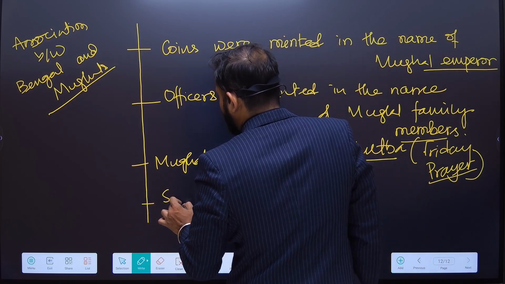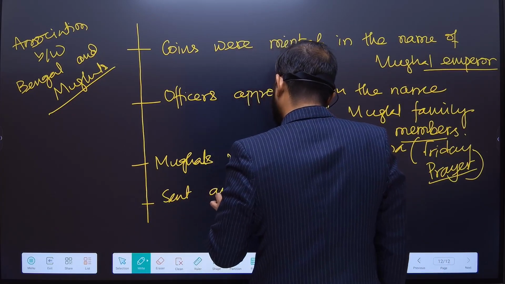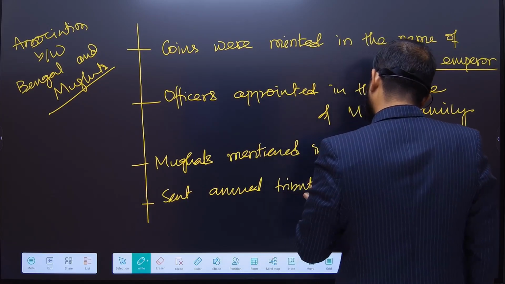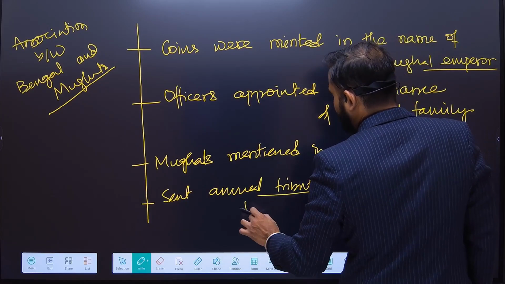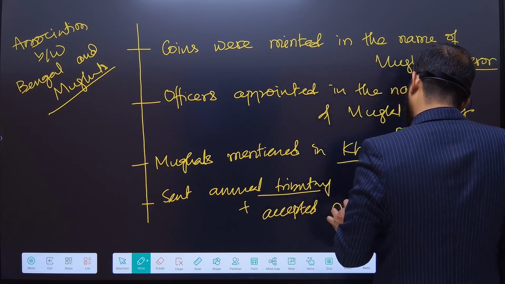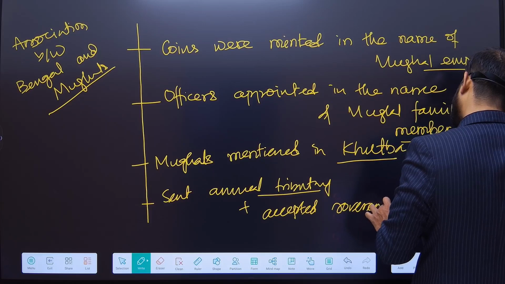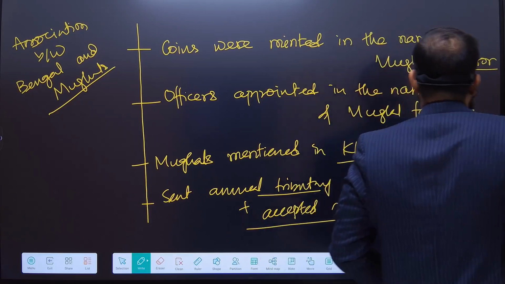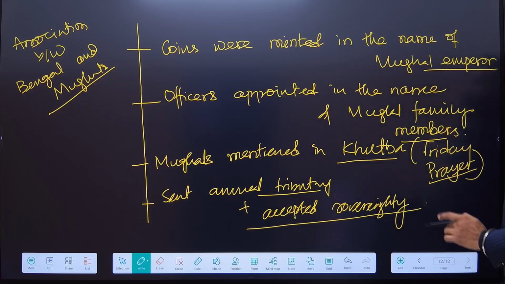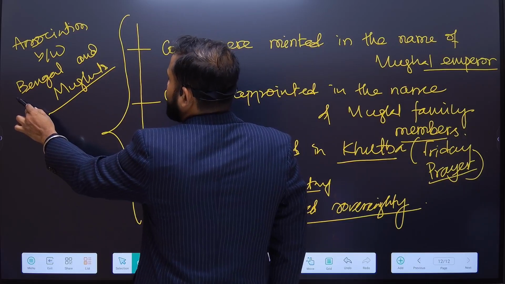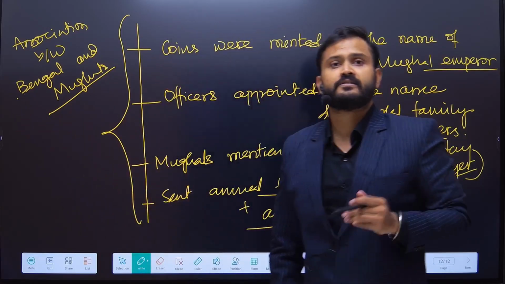And sent annual tributary plus accepted sovereignty. These are the components which help us understand why it was autonomous and not independent. This is very valid.